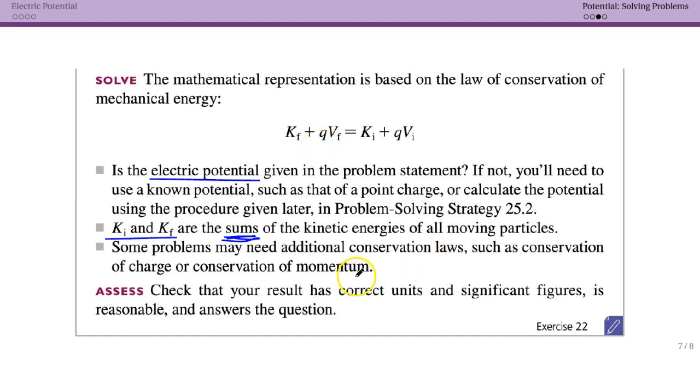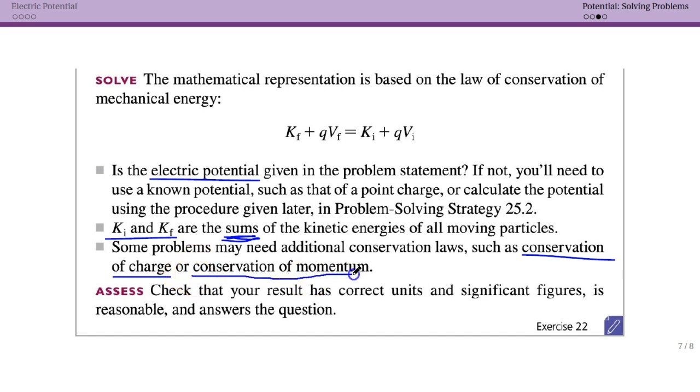You might use additional conservation laws, such as conservation of charge. Remember that charge can't be created or destroyed. We can separate a neutral object into being polarized, having positive and negative charge. We can transfer charge from one object to another, but we never just make positive charge appear out of nothing.